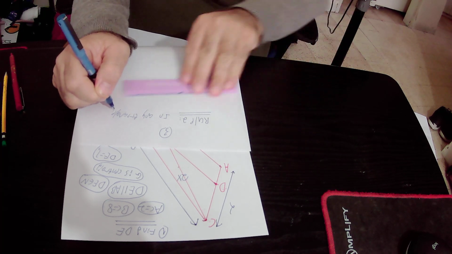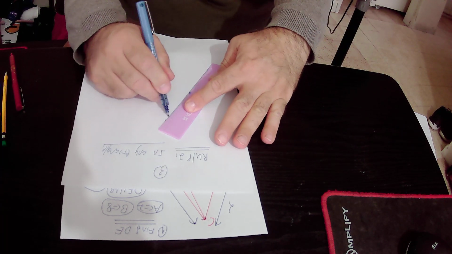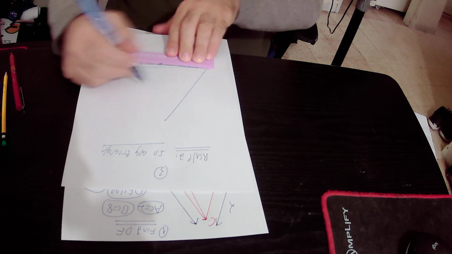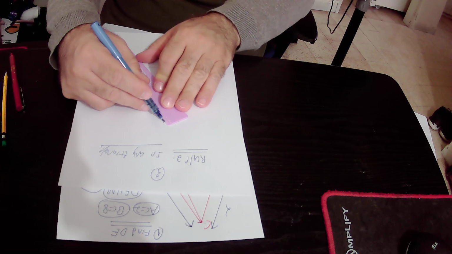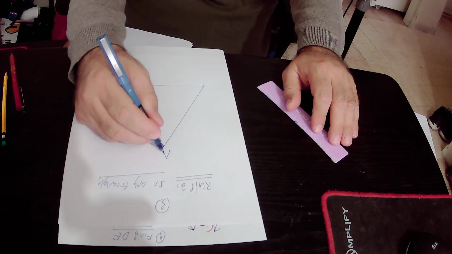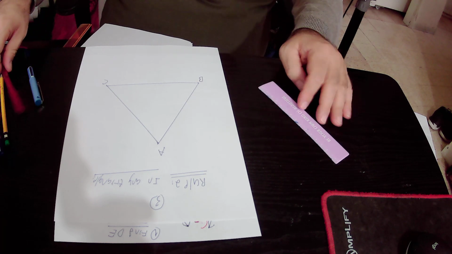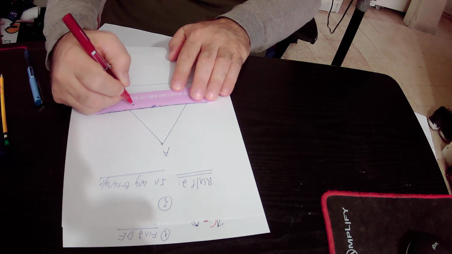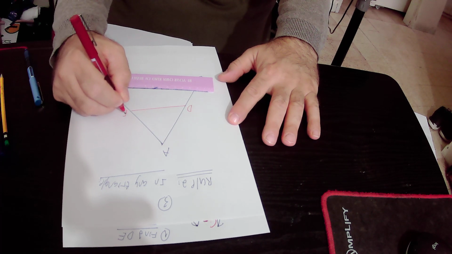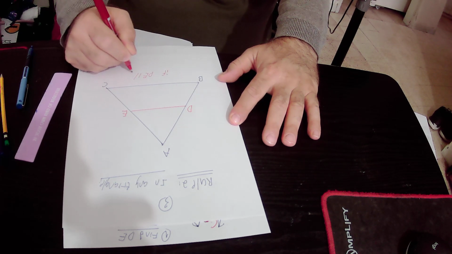so actually triangle ABC could be any triangle, if we know that line segment DE is parallel to BC.